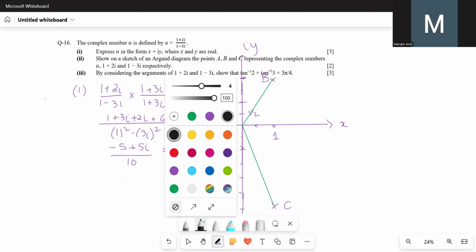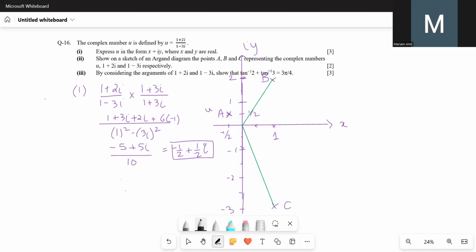So in such cases, you have to make use of this argument property, which is argument of A upon B is equal to argument of A minus argument of B, just like the log property. Notice that A and B are actually the numerator and denominator of U.